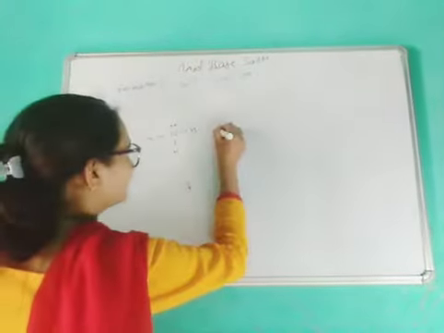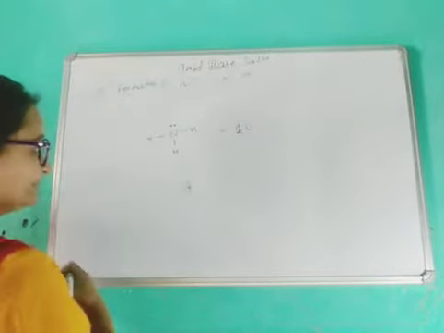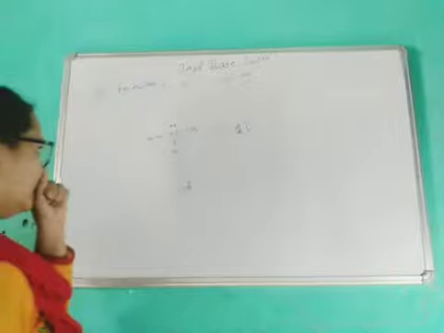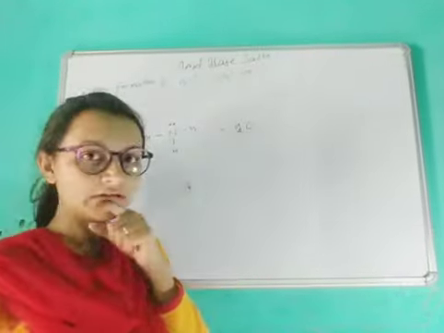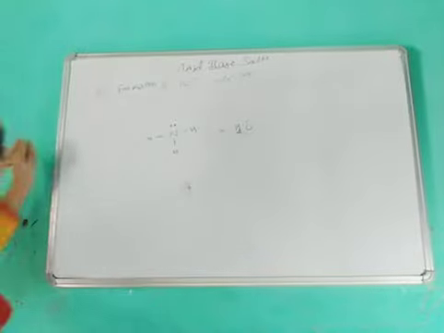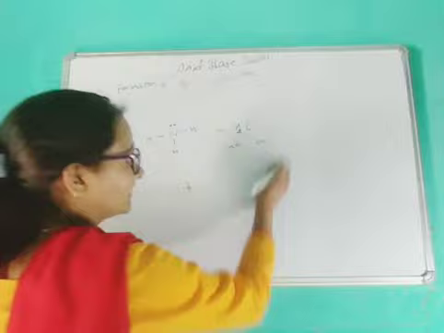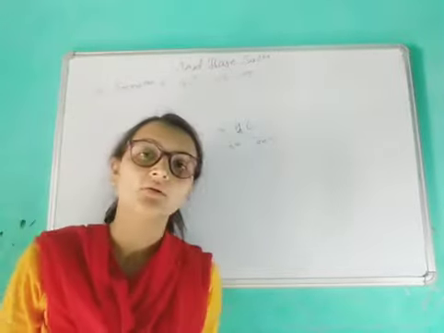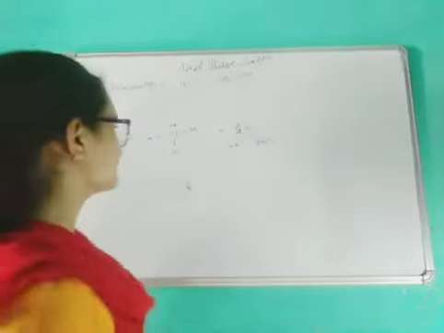Now the water molecule comes. See, this is the base. When it reacts with the water, what will happen here? It will break down into 2, H positive and OH negative. Water molecule always breaks down into H positive and OH negative ion.